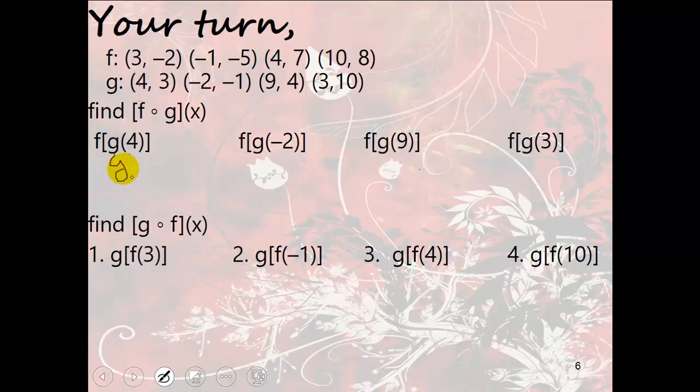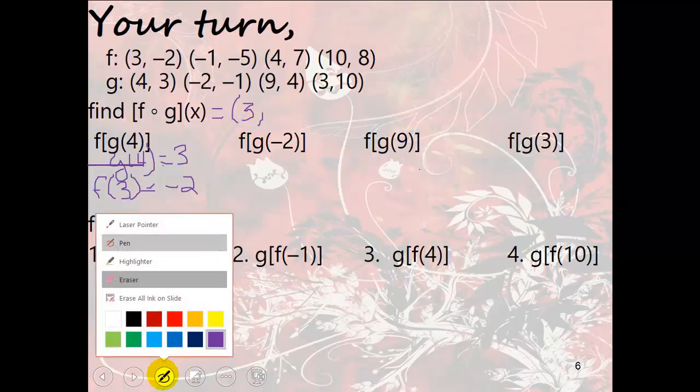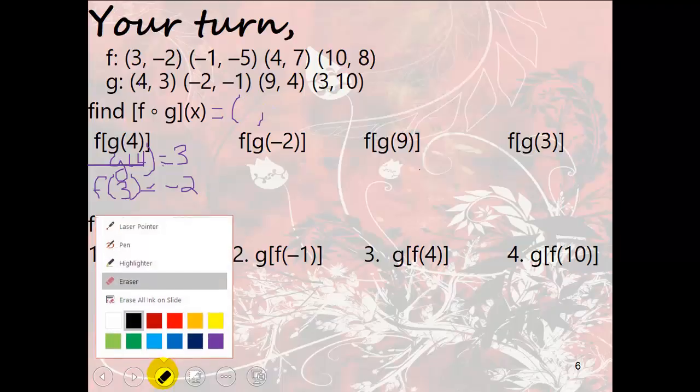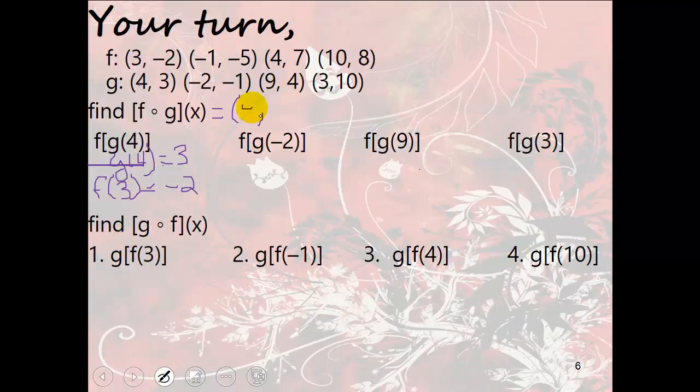G of 4 is equal to 3. And then f of 3 is equal to negative 2. So my first ordered pair is 4, negative 2. I plugged in a 4 originally, and I got out a negative 2.